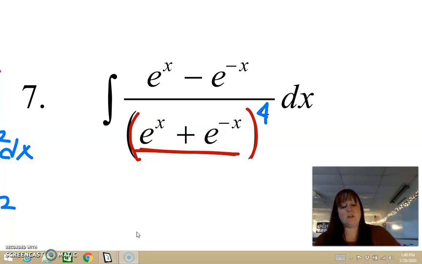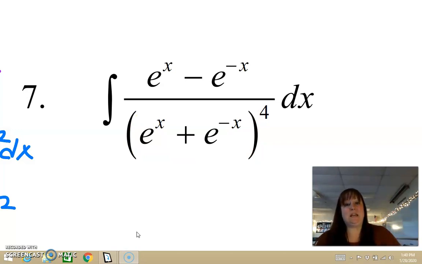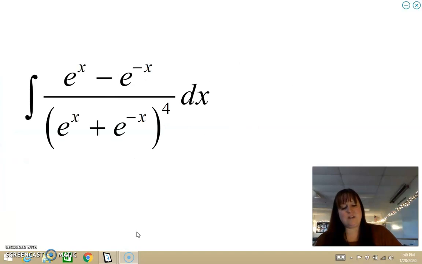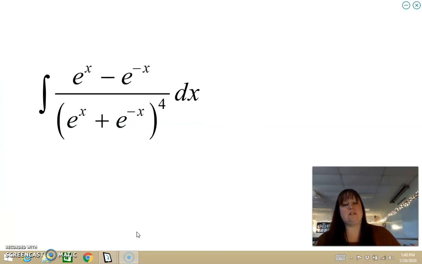And so I noticed that this inside function might have its derivative in this integral. I really think that e to the x plus e to the negative x is the inside function.